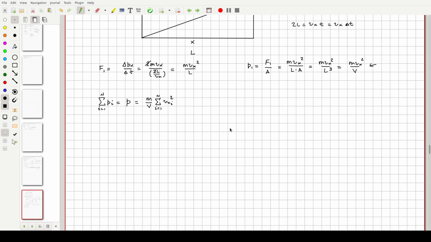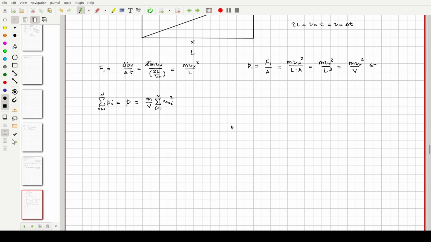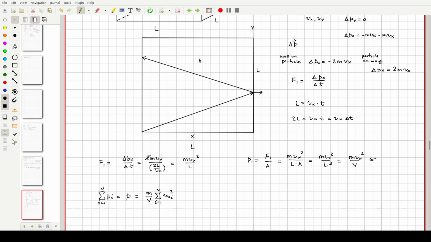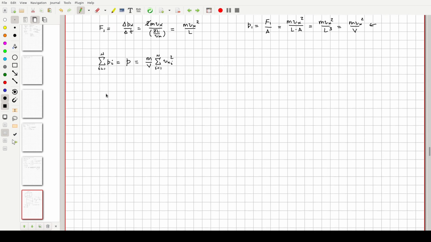Okay. Now, before I go any further, what I'd like to point out is the following. The motions of the atoms and molecules that make something up are random. Now, how do we know that? Well, assuming there's no external influence on things.